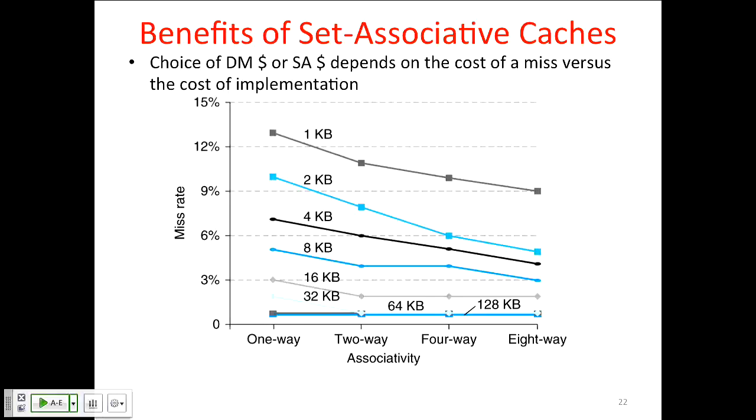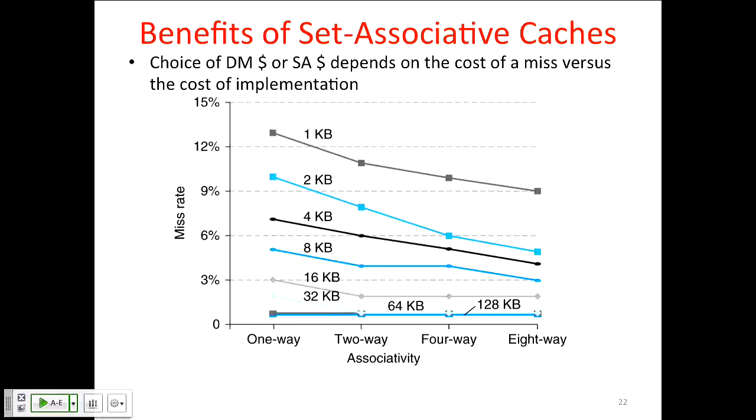Now, that's just going down this line vertically between the lines, right? Changing capacity. How about changing associativity? Let's just look at the 1 kilobyte. So going from one-way associative to 2-way associative. Now remember, we kept the capacity fixed. These are 2 1 kilobyte caches. One is direct mapped, one is 2-way. There's also an appreciable drop in miss rate.